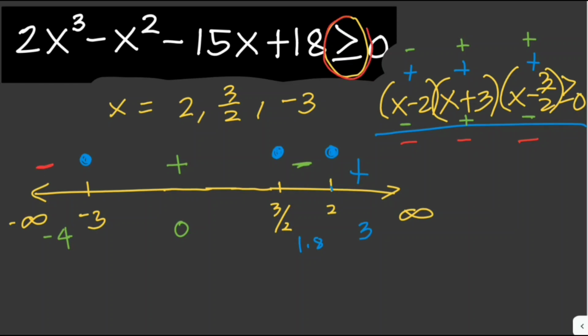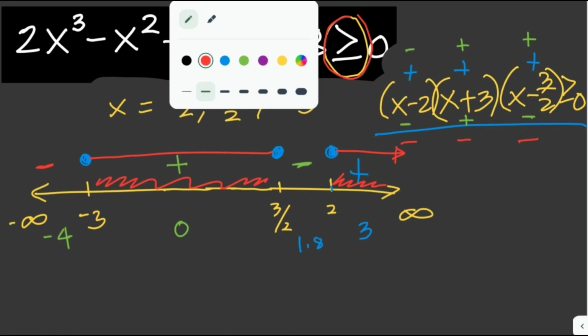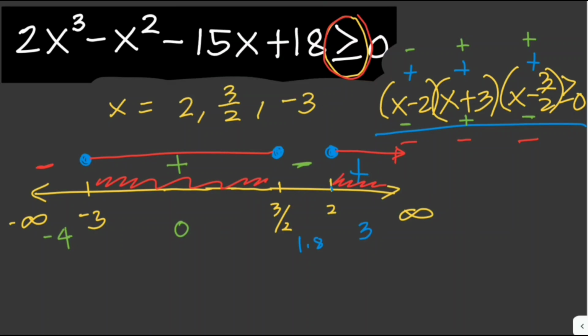Since our inequality here is greater than or equal to 0, that means we are interested in the positive regions. So only this region here and here. Our graph would look like this, and that one. So the solution of this polynomial inequality here would be from negative 3 to 3/2.